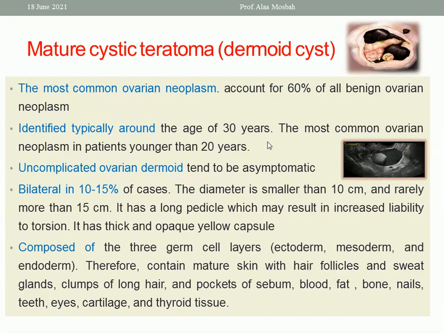But when they discovered later on that it contains others than ectoderm, endoderm, and the mesoderm, they called it mature cystic teratoma, benign mature cystic teratoma, and this is the right name for the dermoid cyst, the more scientific name.